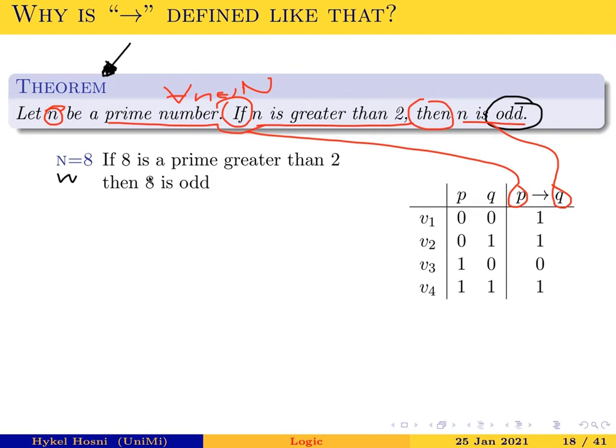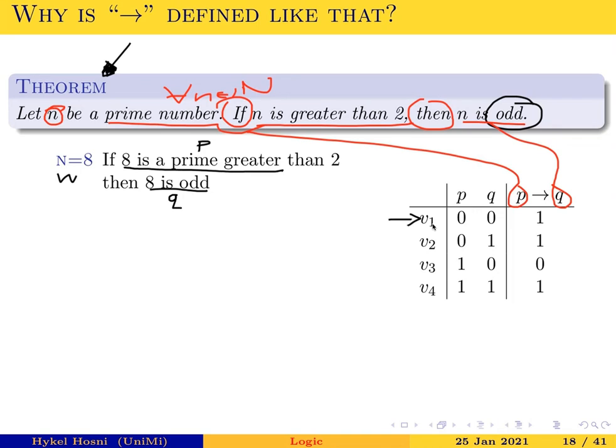But this actually corresponds, so 8 is not a prime number, of course. So P is false, right? If this is P, then P is false because 8 is not a prime number. Similarly, 8 is not odd, so Q is false again. So here is the situation.